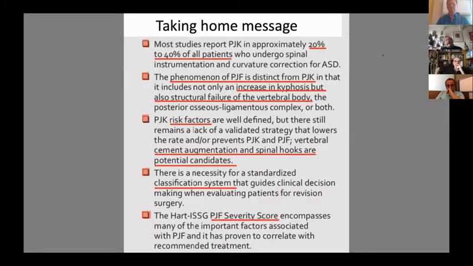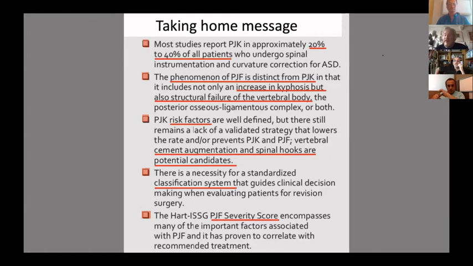So in conclusion, maybe as a take-home message, what we can say here is that most studies report PJK in approximately 20 to 40% of all patients who undergo spinal instrumentation and curvature correction in adult spinal deformities. The phenomenon of the PJF, that means of the failure, is distinct from the kyphosis.